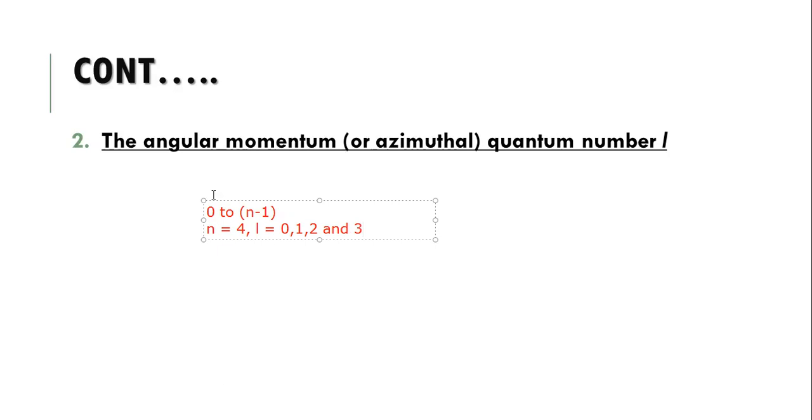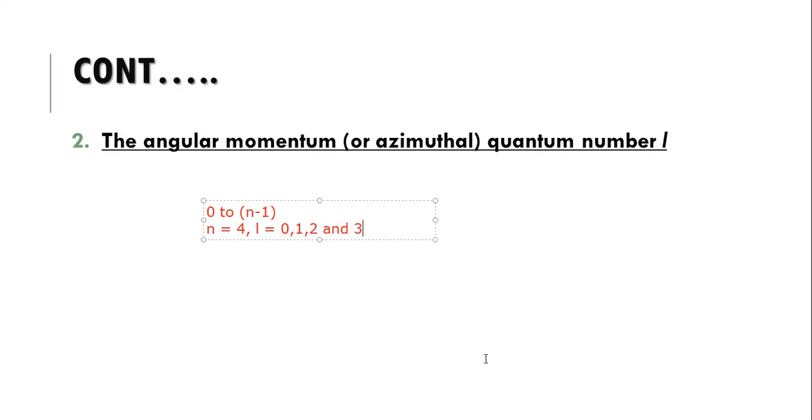The integral value is 0 to n minus 1. If n is equal to 4, the values are 0, 1, 2, and the final one is n minus 1, that means 4 minus 1, which is 3. This is how we find the integral value.